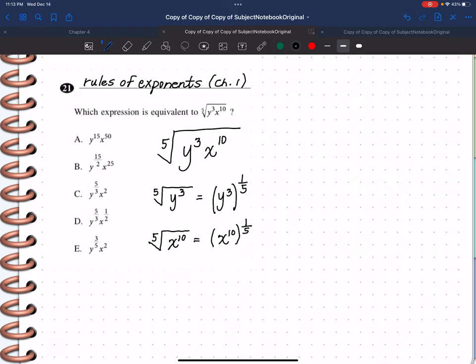We know when we raise a power to a power... let me see if I can actually find the verbiage in the book. I need to make sure that I'm staying consistent with what they're saying. I should have looked this up before we started. I'm just looking through chapter 1 of that Common Core Achieve book.